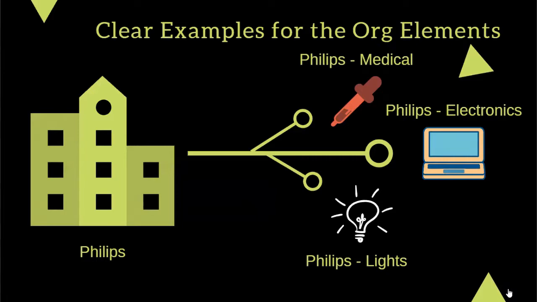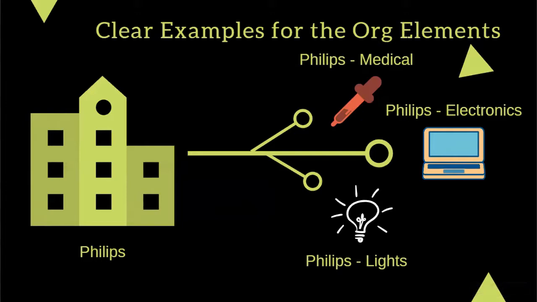Hence, all these three entities are combined together as one client. On the other hand, if Philips Medical alone wants to implement SAP, then Philips Medical will act as a client. Hope that is very clear.